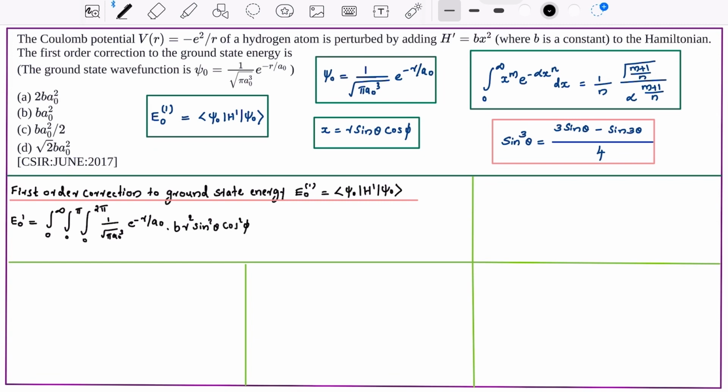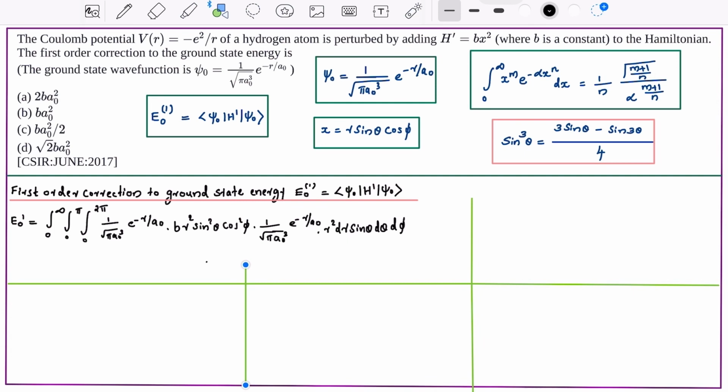Therefore Bx² will become B r² sin² theta cos² phi. Then again psi 0, that is 1 by root of pi a0 cube e raised to minus r by a0. Then dτ is r² dr sin theta d theta d phi. Here r varies from 0 to infinity, theta varies from 0 to pi, phi varies from 0 to 2 pi.